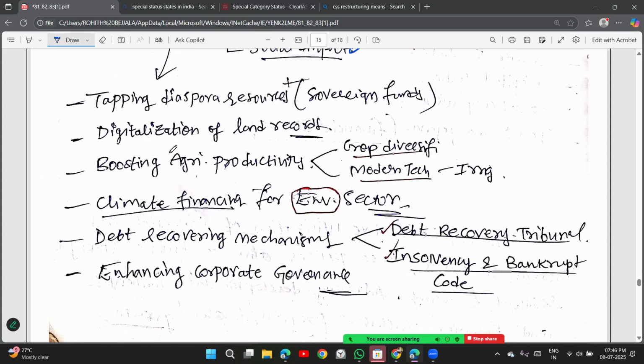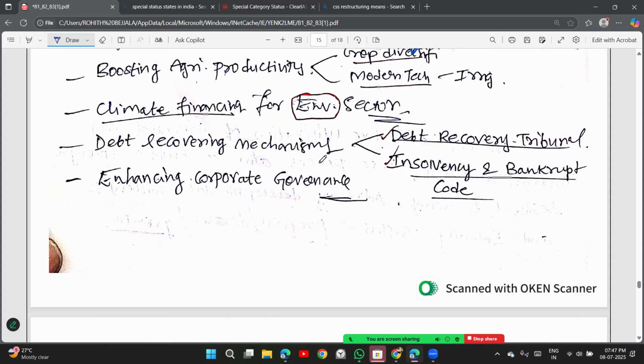Other things we can do are tapping the diaspora and resources through sovereign funds, and digitalization of land records, so that we'll know how many acres of land are being cultivated and which type of crops are cultivated, and we can plan agriculture-related activities nicely. It can aid in crop diversification. If we are able to collect the data well, then everything goes well. So those are the things we can do.